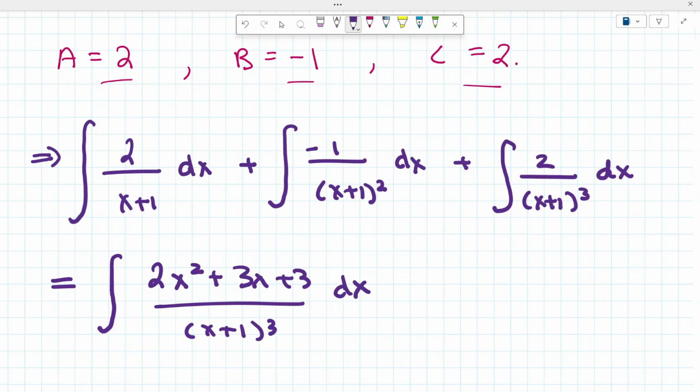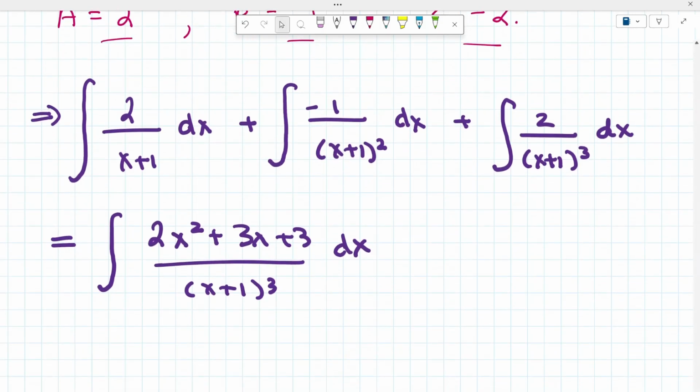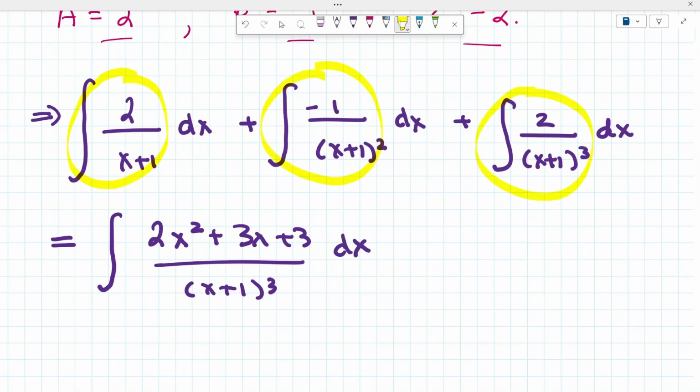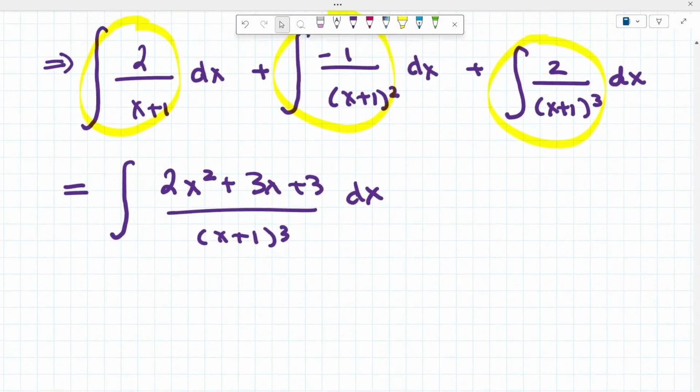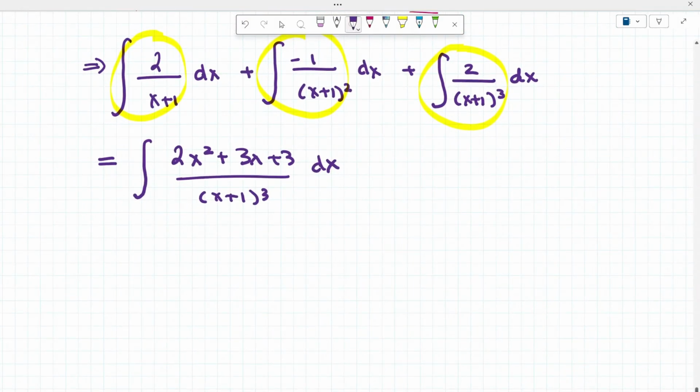Okay, so all of these terms are integrals that we already know how to solve using other integral rules. So we can go ahead and solve each one of these individually. So let's see what that looks like. Therefore, the integral of this equals, our first term is 2 ln of the absolute value of x plus 1.